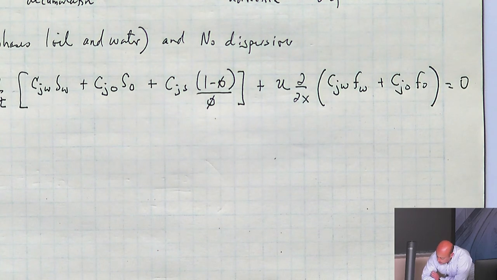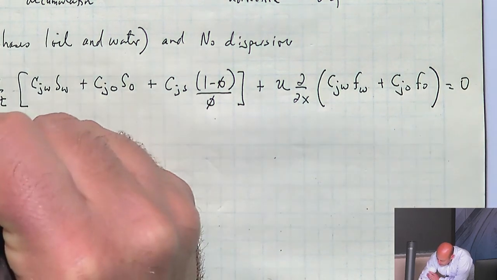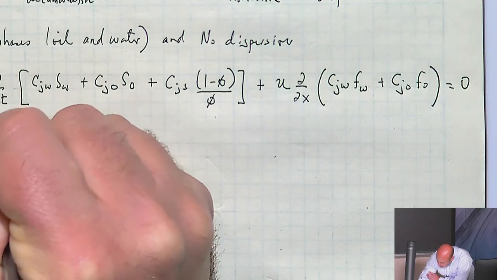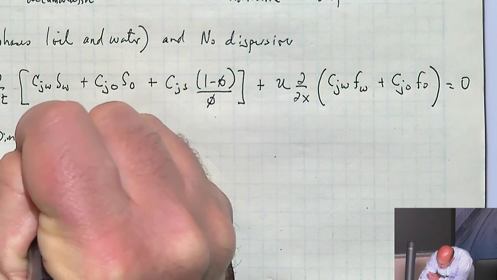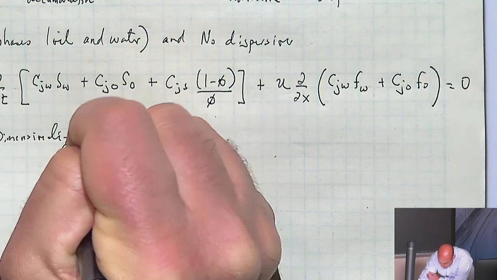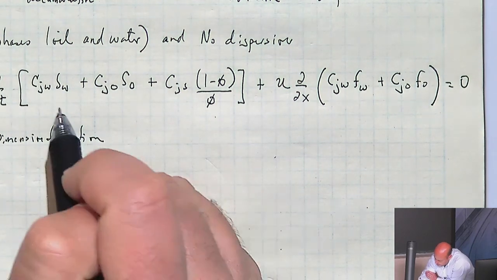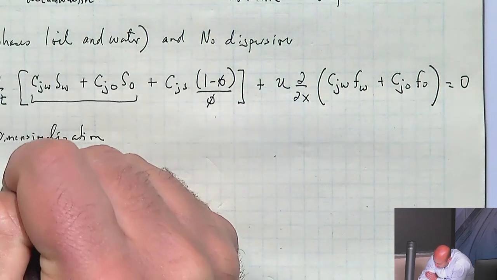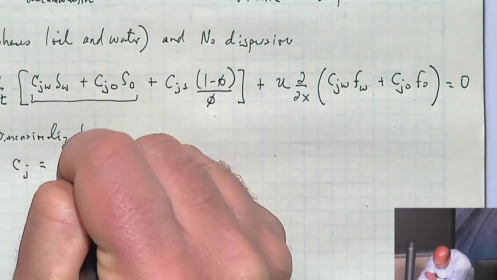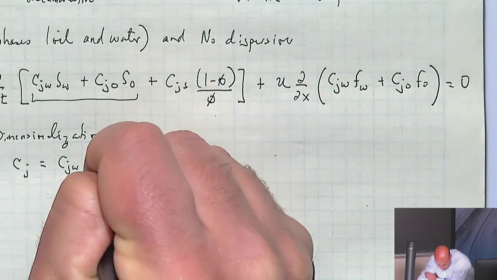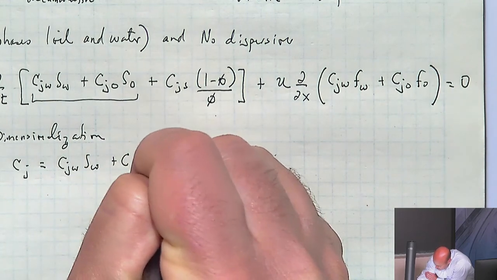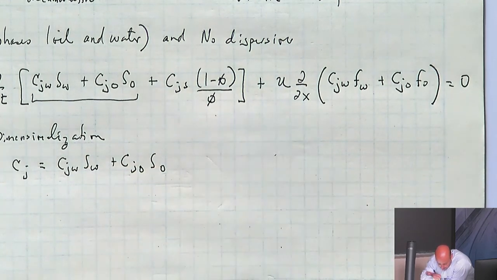We can do some non-dimensionalization. And maybe I'll just go back to defining this Cj as being Cjw Sw plus Cjo So.